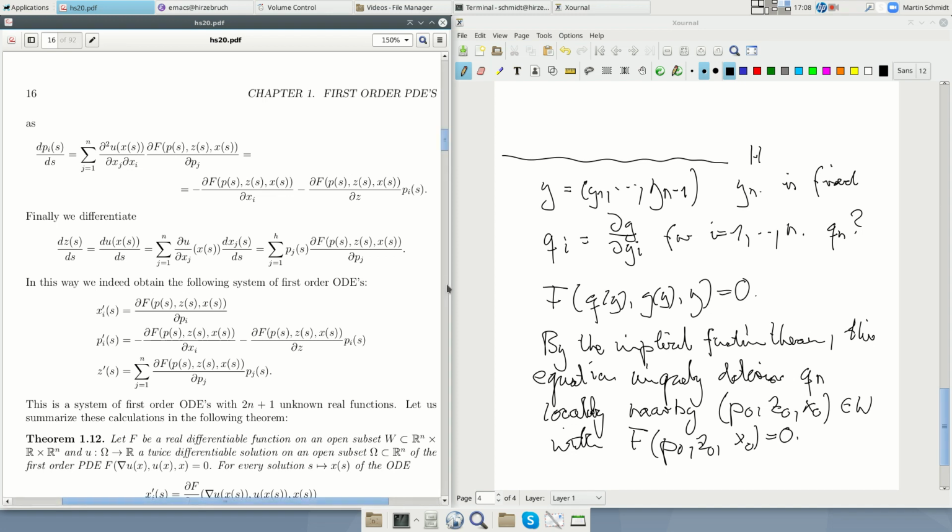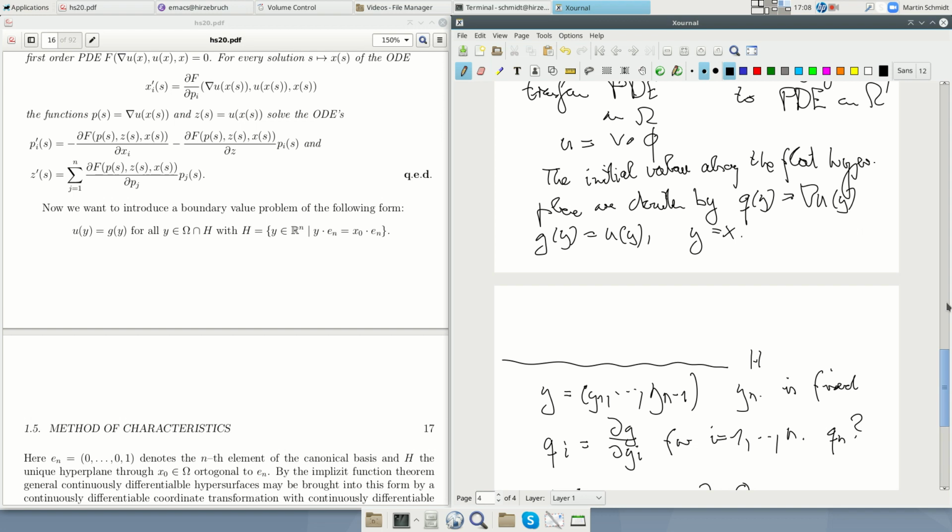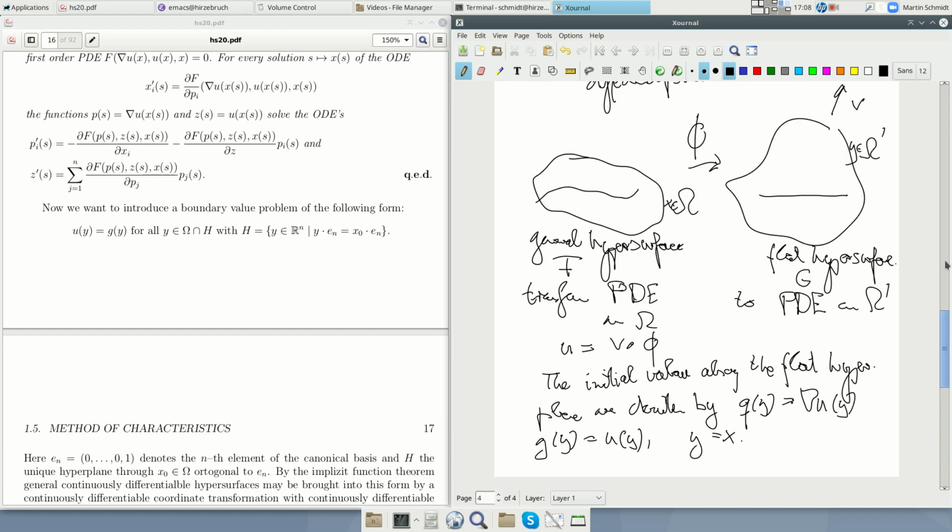And then in the second step, we wanted to introduce initial conditions. To recall, we wanted to have the initial conditions on general hypersurfaces. But general hypersurfaces we can usually transform by diffeomorphisms into flat hypersurfaces, if nearby some point they are really submanifolds. So this hypersurface we can make flat by a C1 diffeomorphism.